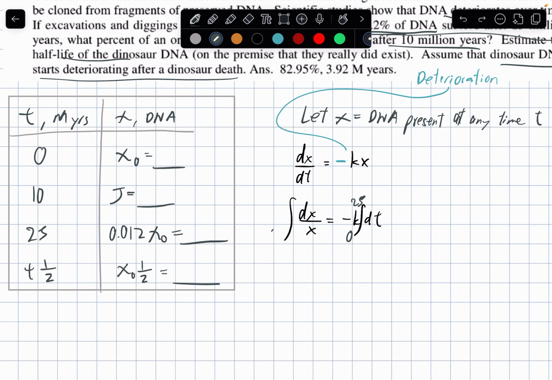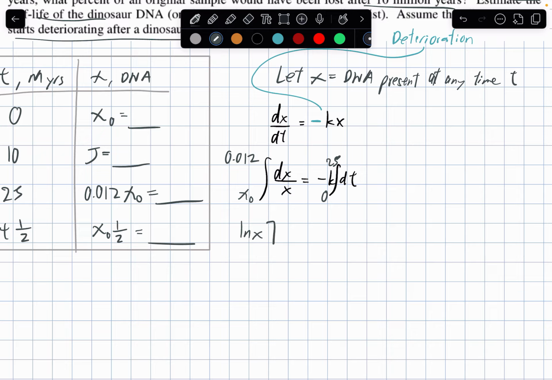In this kind of situation, I suggest that you do that. 0.012 x sub 0, and then the integral of dx over x is ln of x, no? Sorry, x sub 0 minus negative k times t.